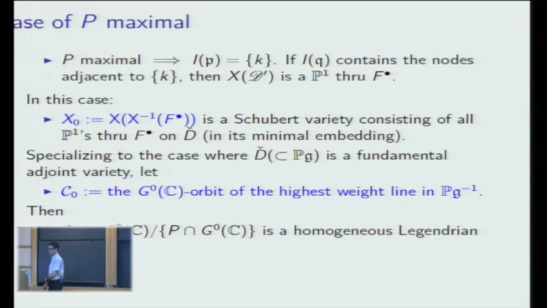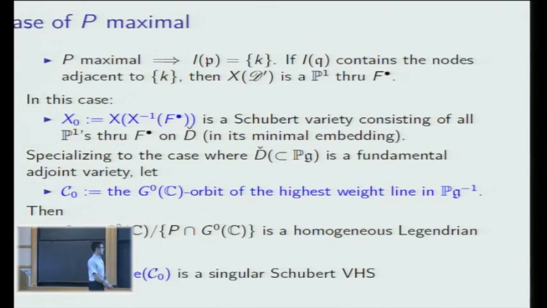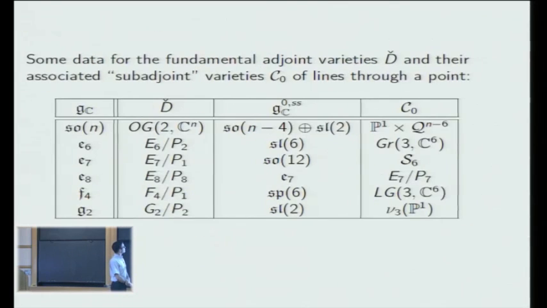I learned this from J.M. Landsberg, but it's based on work, I guess, of Stefan Kebekus and Yi. And moreover, this x naught is a cone on this C naught. So we get Schubert varieties which are highly singular, which are cones through our fixed Hodge structure that we chose at the outset. So what do these look like?